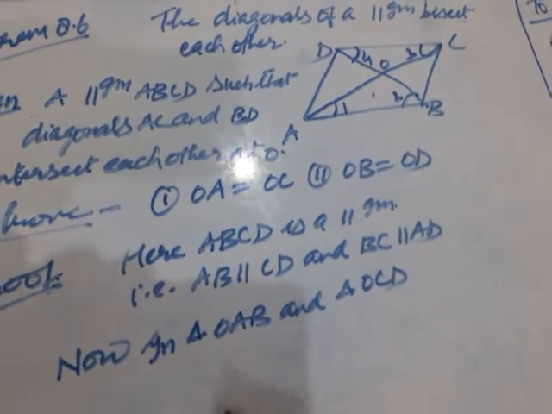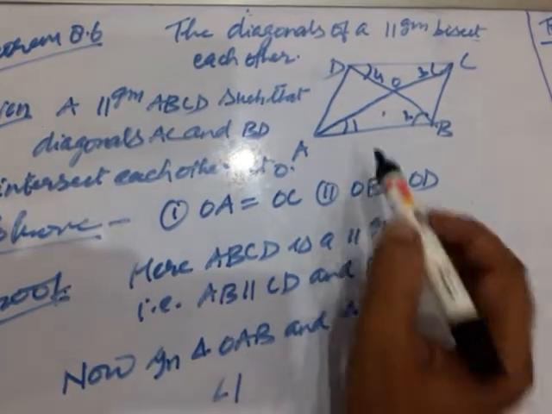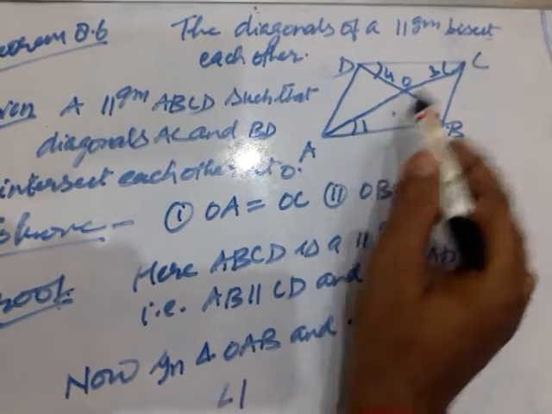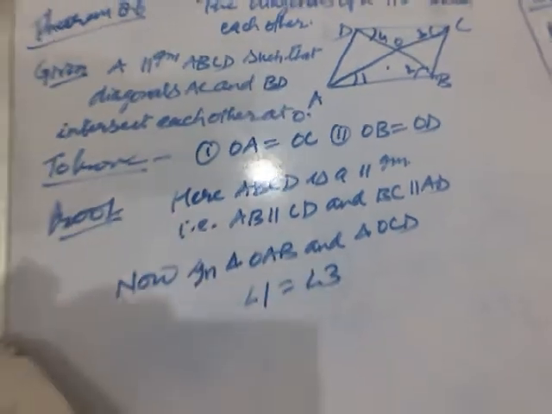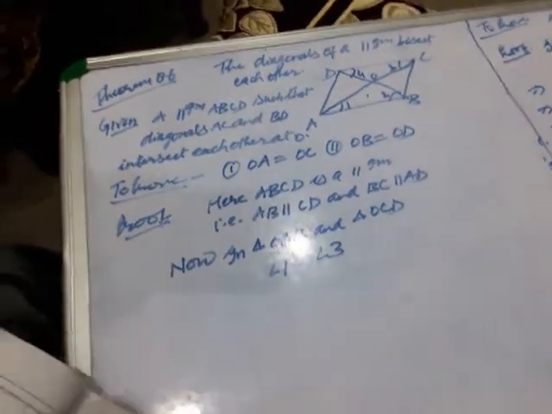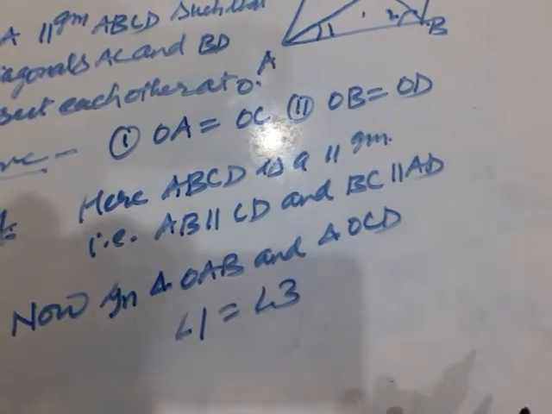Angle 1 equal to angle 3, children. Why angle 1 equal to angle 3? Children, ABCD is a parallelogram. Why? Because they are alternate interior angles.